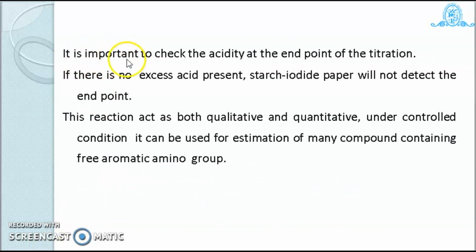Students, it is very important to check the acidity at the end point of the titration. If there is no excess acid present, then starch iodide paper will not detect the end point. This reaction acts as both qualitative as well as quantitative under controlled conditions. It can be used for the estimation of many compounds containing a free aromatic amino group.